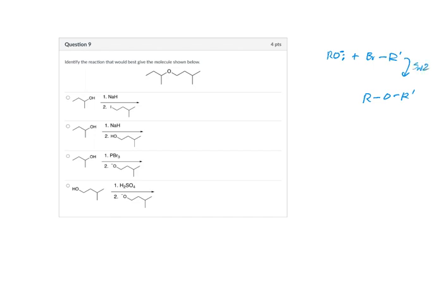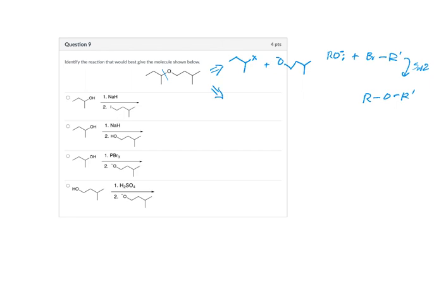So if we look at our ether, we could imagine doing this in two different ways. If we think of this retrosynthetically, we could cleave this bond right here, putting the alkyl halide on the left. I'll just put an X, so this could be any alkyl halide, and our nucleophile, our alkoxide, could be on this side.